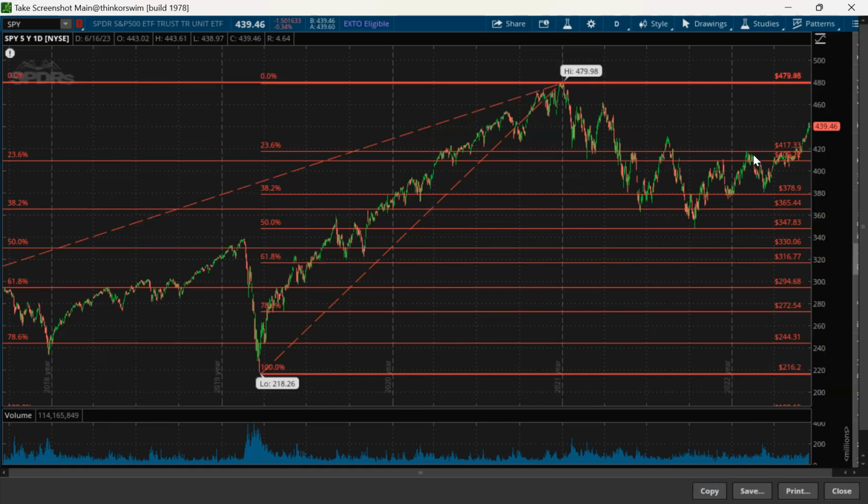But even during this time period, because at this time we started having the banking problems with SVB, I also said that you could drop down that 50% retracement from the COVID fib sequence, go down to the 50% retracement of the 2015, and that's an even stronger support level, and that's the 330.